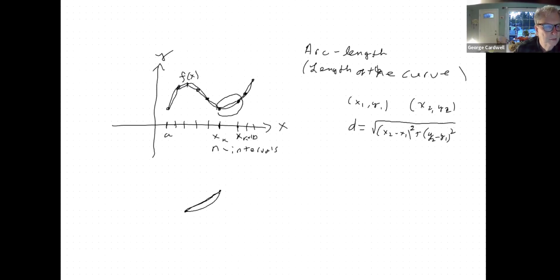So this would be the point xk, f of xk, right here. And this would be the point xk plus 1, f of xk plus 1.